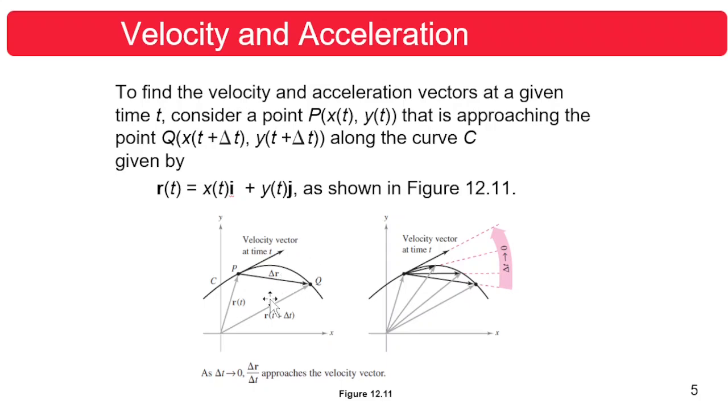That is, as delta t approaches 0, the change in the position vector r over delta t approaches the velocity vector. So this is the velocity vector at time t.